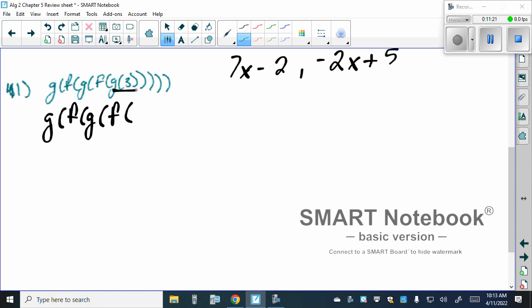And the farthest in is g of 3, yes? So we're going to plug 3 into the x in g of x, which would be negative 2 times 3 plus 5.